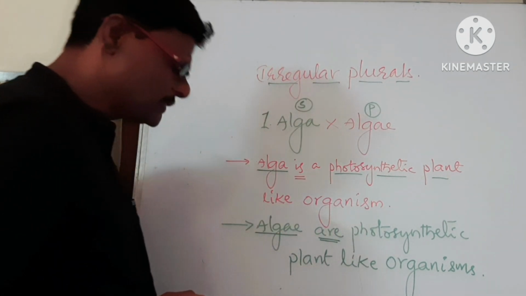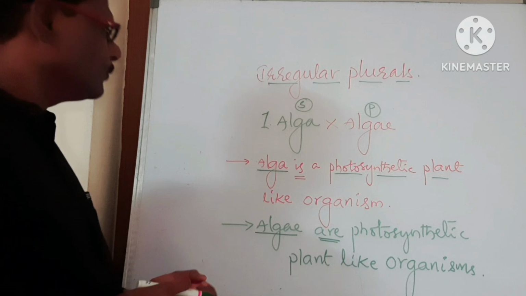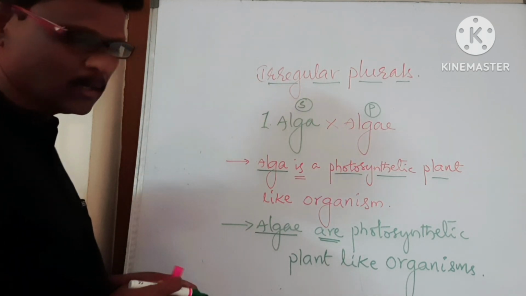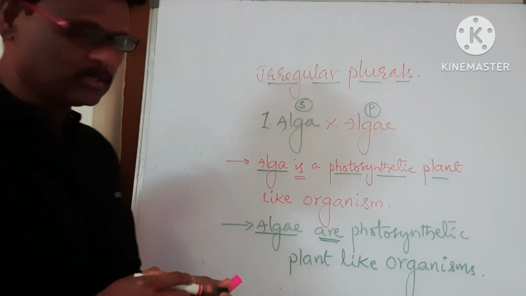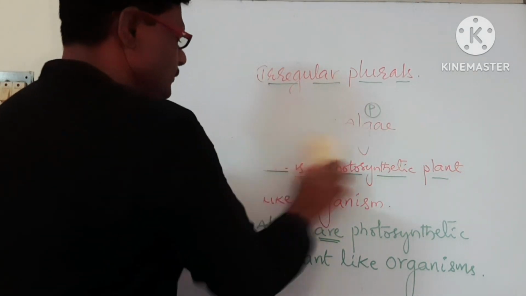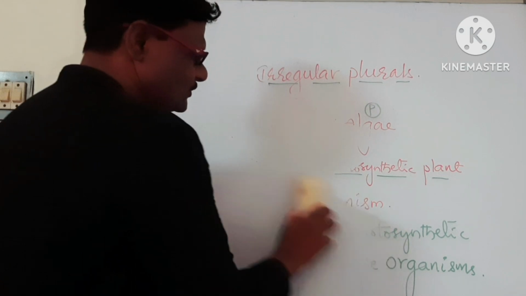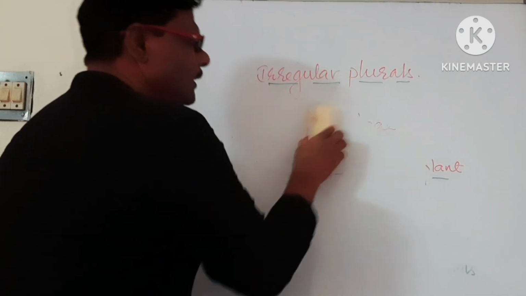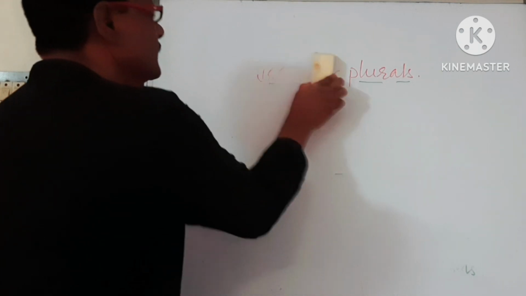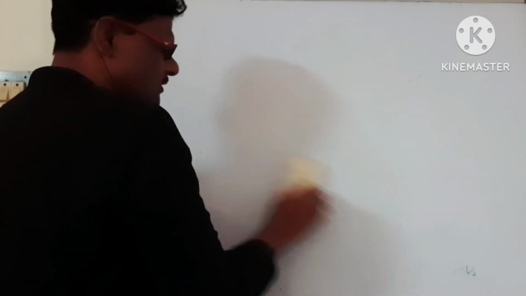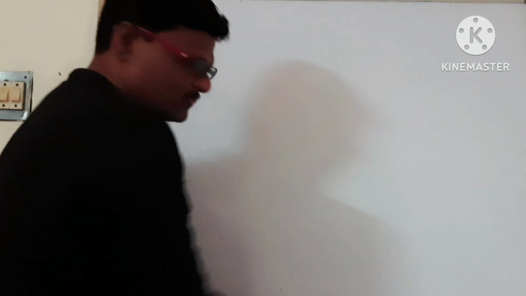Let's take another word which starts with A only: alveolus. What is that word? Alveolus. Do you know the word alveolus? Have you already observed or heard this word? Alveolus, it is used in a different context.